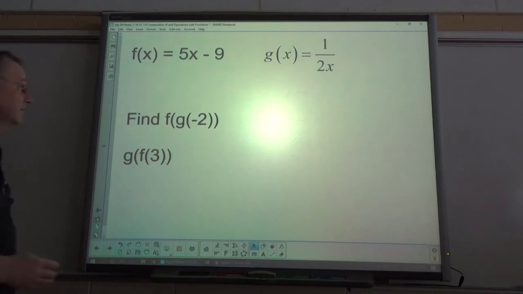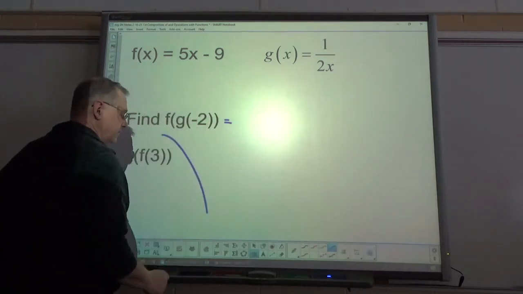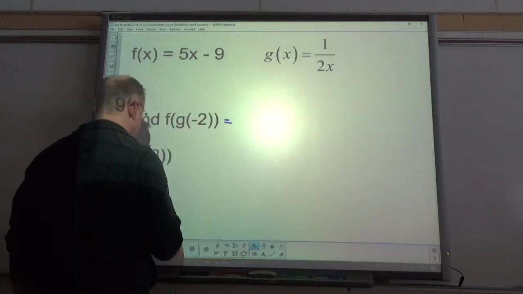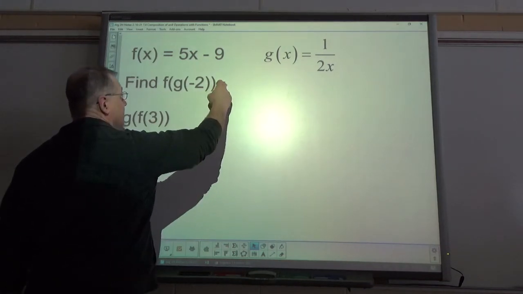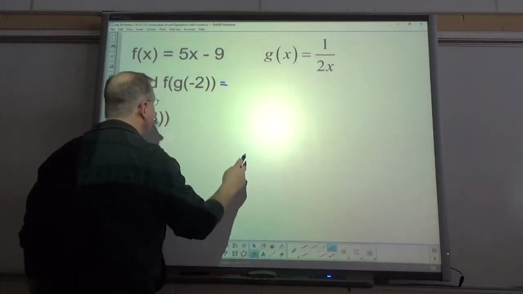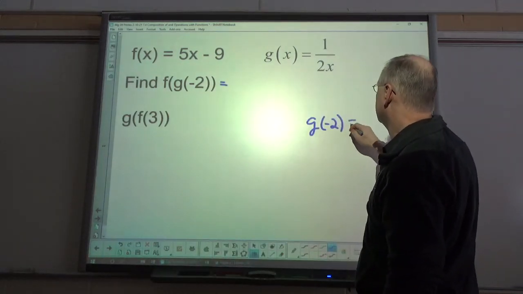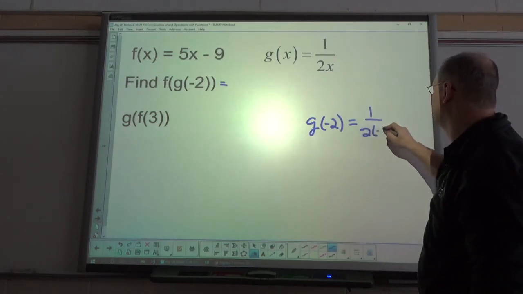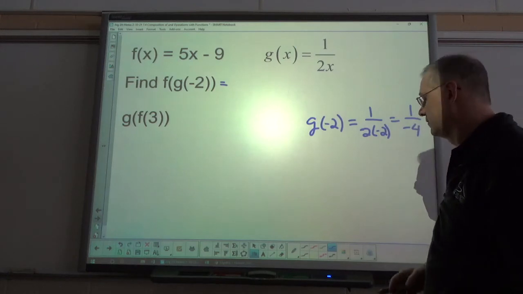Now that you've unpaused it, let's do these. First of all, g of negative 2: 1 over 2 times negative 2, it's going to be 1 over negative 4.